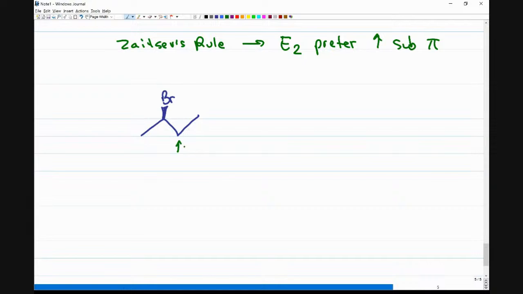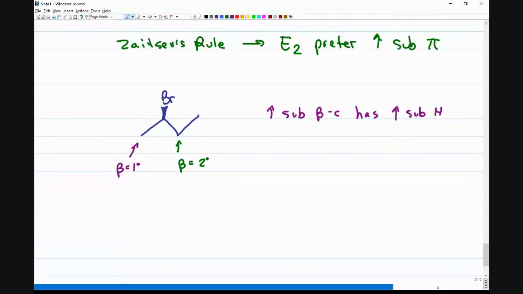I can just look at the carbon, and I say this beta carbon is secondary. Then I look over and I see this right here and I say this beta carbon is primary. And here is the trick. The more substituted the beta carbon, the more substituted the hydrogen, which will give you the most substituted product.